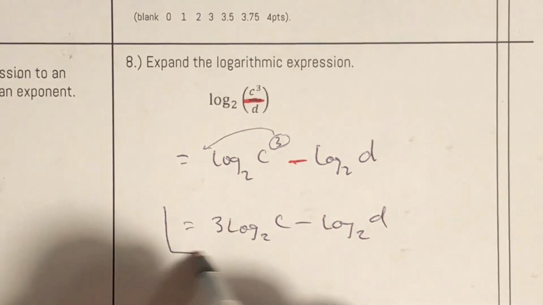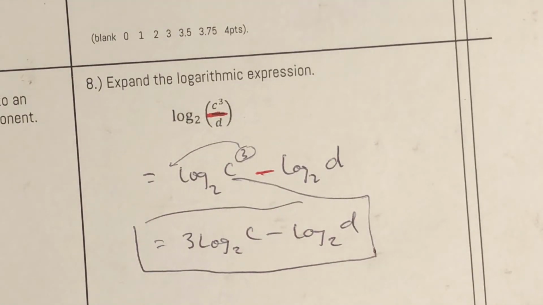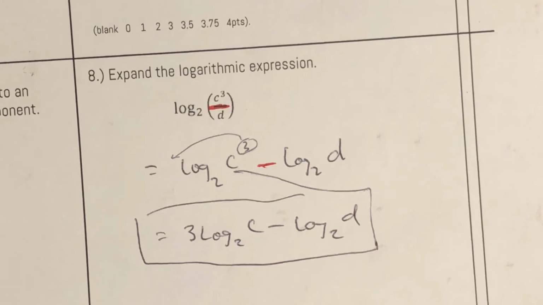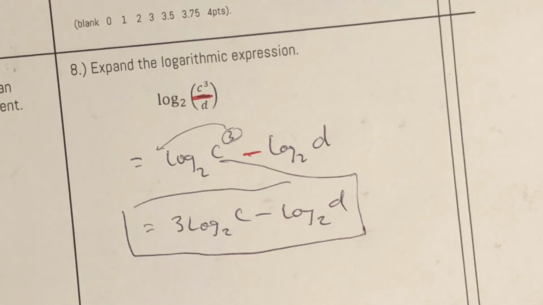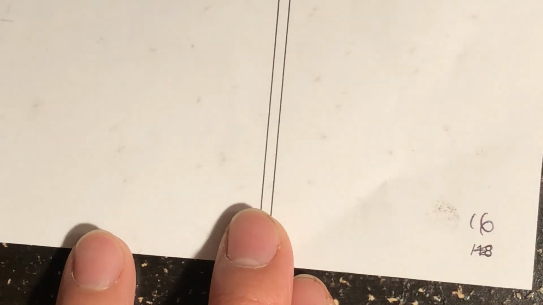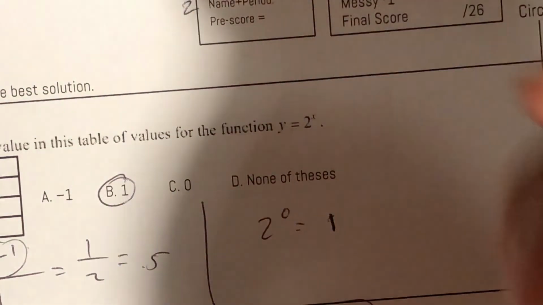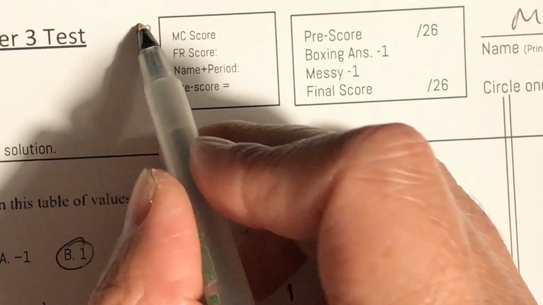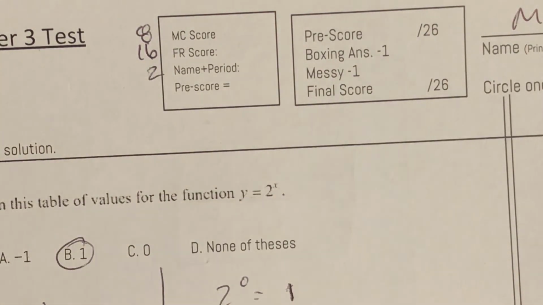And that's your answer. That's it. So each of those questions, I'm missing one there, 4 points, so that would be 16. And then that gives me 26.